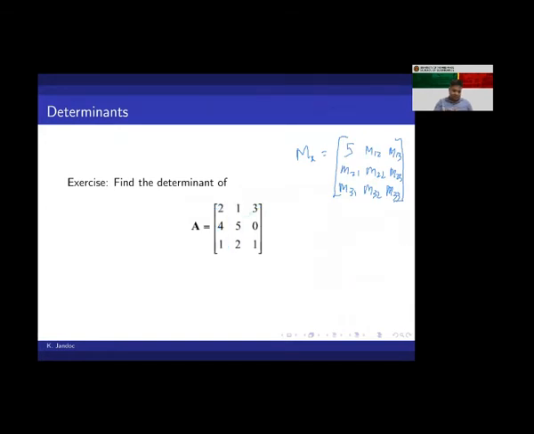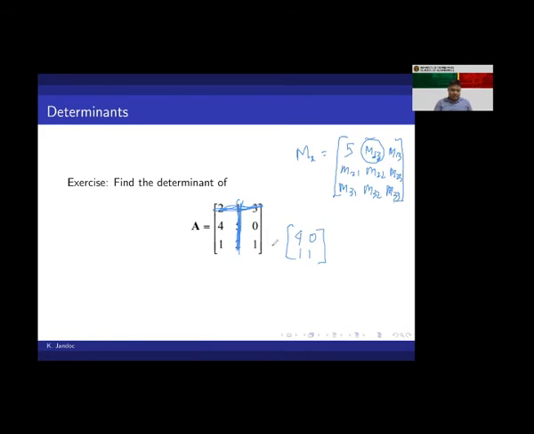How do you get this minor, the minor associated with the entry A12 of the matrix? Again, you delete the first row and the second column of A. Then you're left with this submatrix, 4, 0, 1, 1.